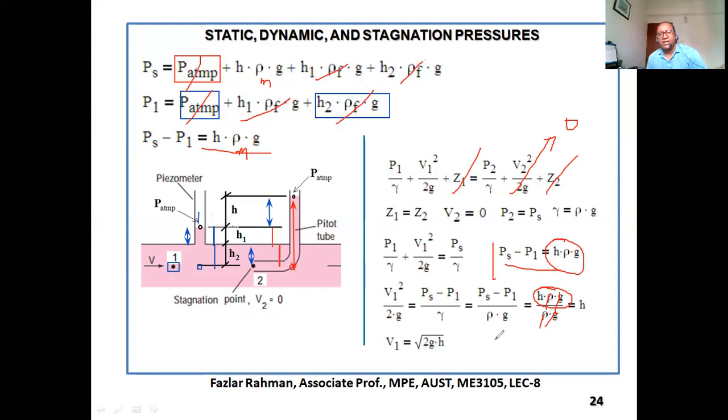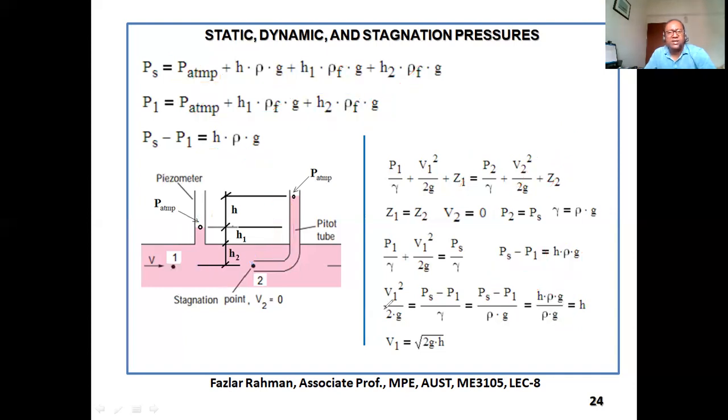Okay. And right over here, you see the manometer fluid and the flowing fluid are the same. That's why right over here, this density will be out. But if the density is not the same, then what will happen?